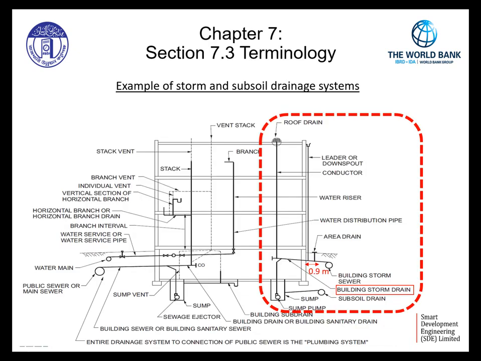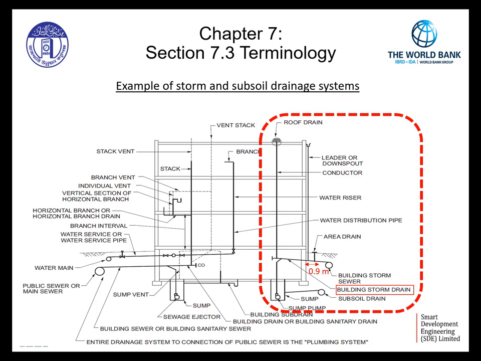An example of storm and subsoil drainage systems. As indicated in the dashed line, we start at the top of the building. We have a roof drain that collects rainwater.